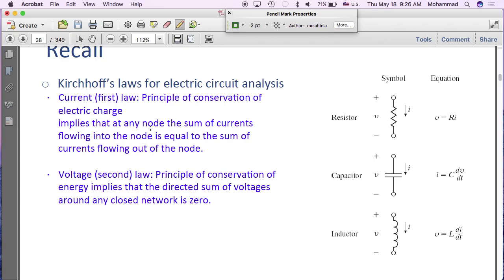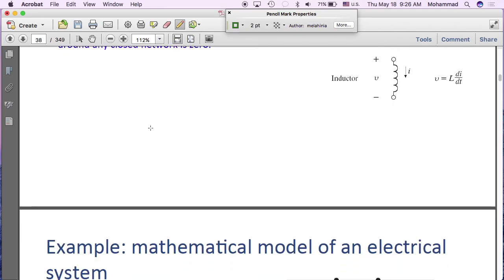The voltage law, or second law, is conservation of electric energy. If you go around a closed circuit, you add voltages, and they add up to zero. So you're not generating or losing energy in the circuit itself. It's just conservative. What comes in is consumed.